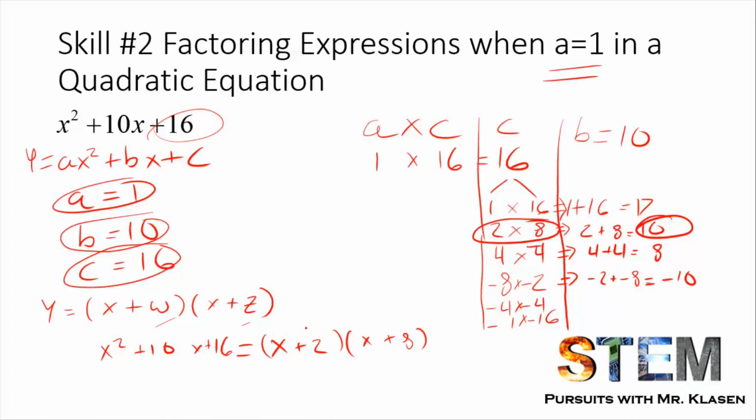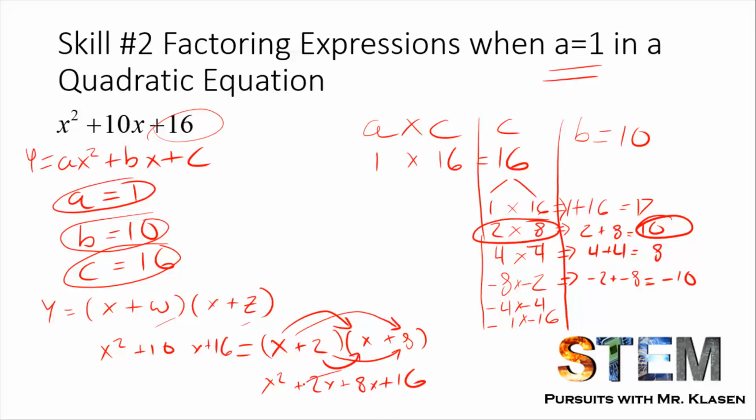And if you're not sure if you did it right, all I would do is FOIL it. So x times x gives you x squared. 2 times x gives you plus 2x. 2 times 8 gives you positive 16. And then x times 8 gives you plus 8x.